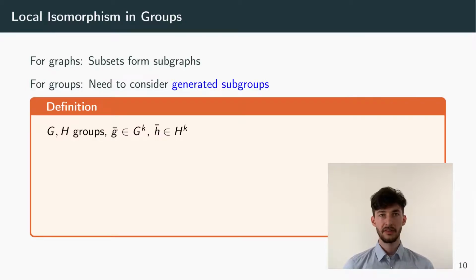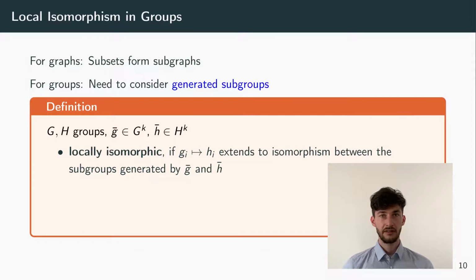So given two groups and k-tuples sitting inside of these groups, we could say that these k-tuples are locally isomorphic if mapping g_i to h_i extends to an isomorphism between the subgroups generated by these tuples. And this looks similar to the graph situation in a way, but we actually incorporate information on potentially exponentially large subsets here with respect to k. And this may be a bit implicit and hides some information maybe.